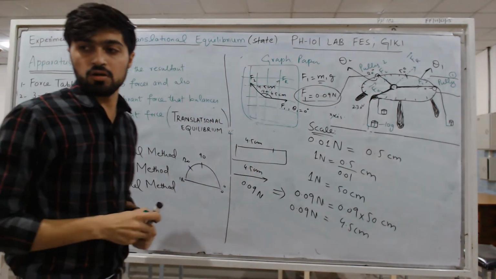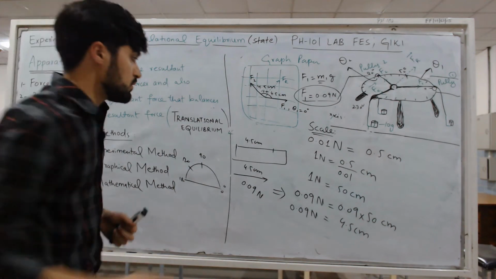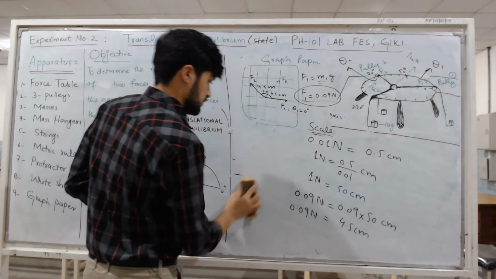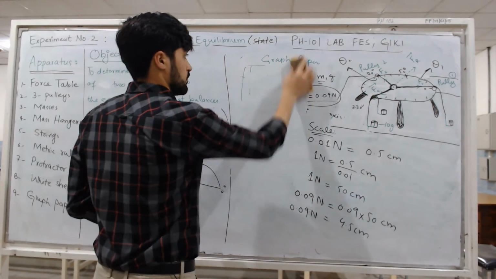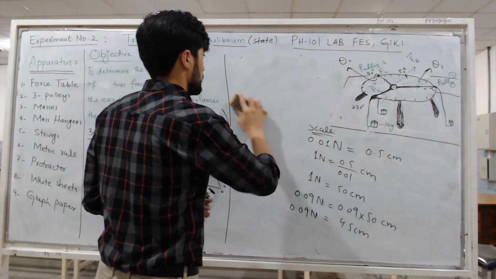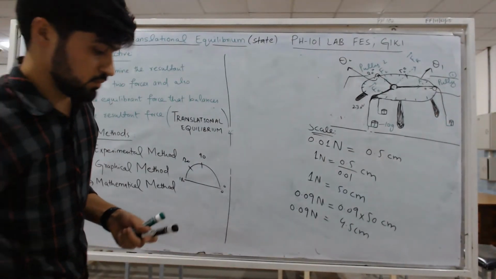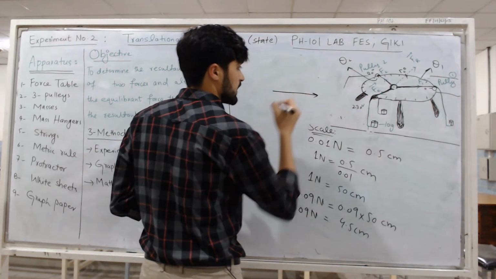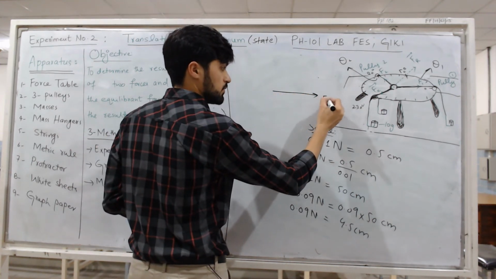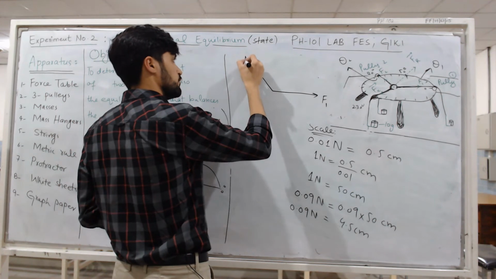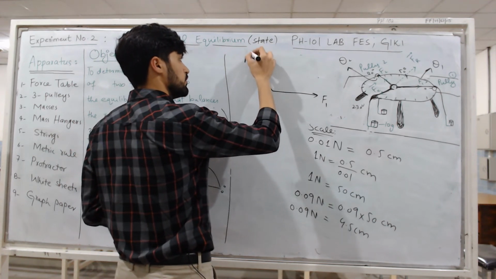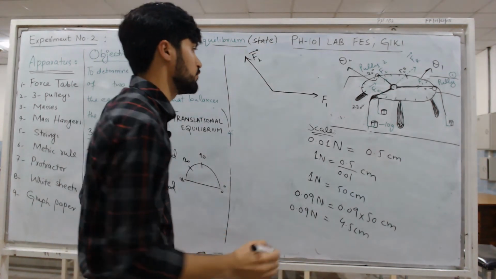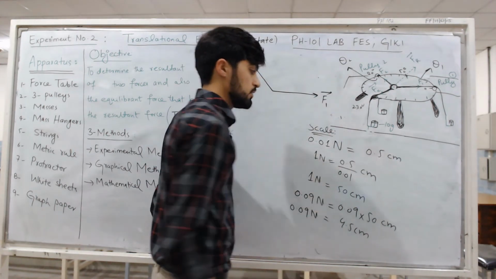So let me draw a clean figure. Let me draw a more clear view of this. Let's say this is our F1 on the graph paper. This is our F2 at 120 degrees, and hopefully you now know how to select a suitable scale.